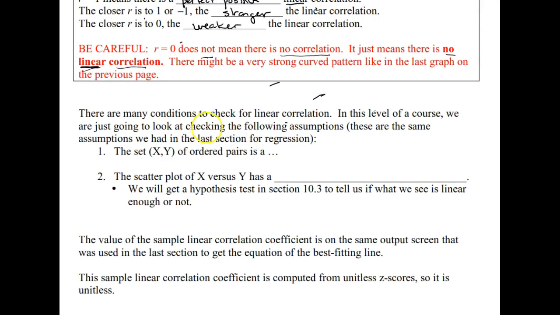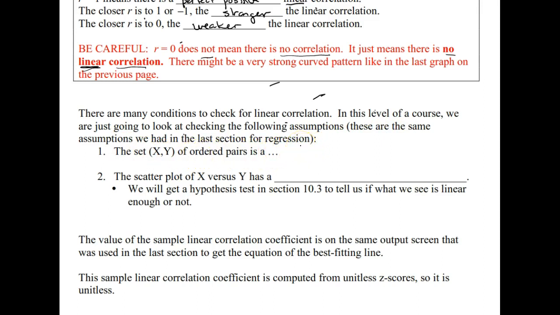Now there are many conditions to check for linear correlation as we start doing inferences in one of the later sections. In this level of a course, we're just going to look at checking the following assumptions. These are the same assumptions we had in the last section for regression.